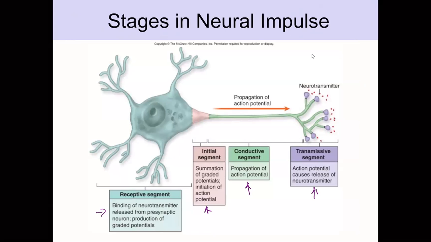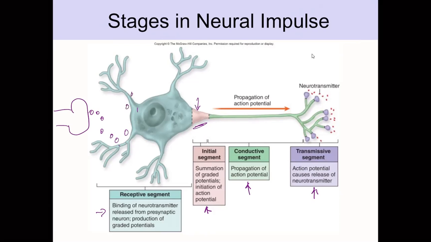Receptive is when the neuron before comes and releases its neurotransmitter. The neurotransmitter is going to bind to receptors somewhere on these dendrites or this cell body. The initial segment is where we're going to determine whether we fire or we don't fire.